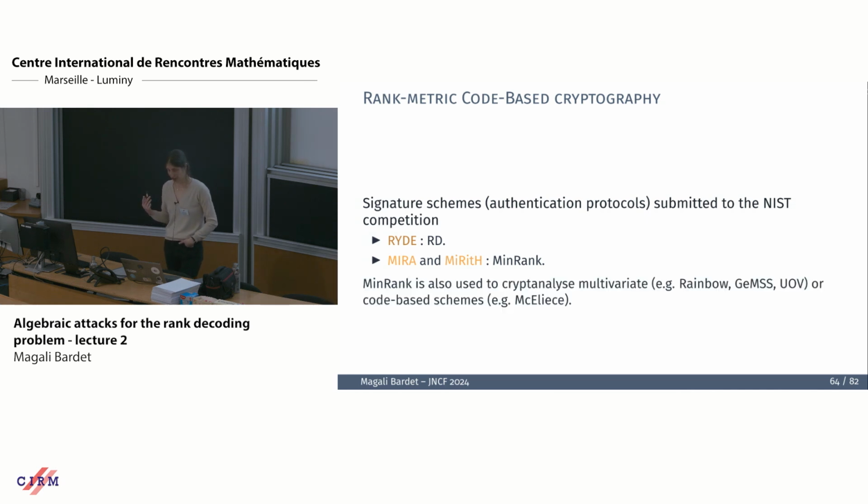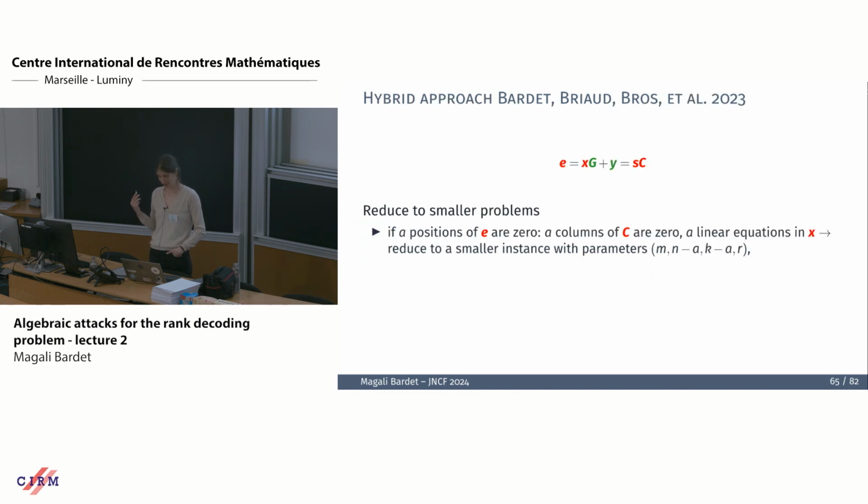And it's also interesting to study the min-rank problem because it is used to cryptanalyze different schemes. For instance, in multivariate cryptography, there is also a new min-rank attack in the Hamming metric on McEliece. I will not present it today.